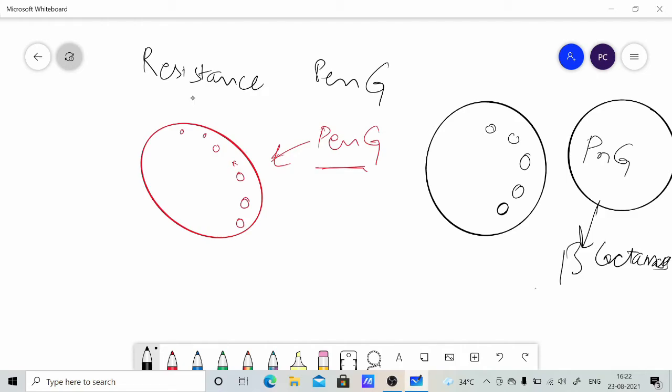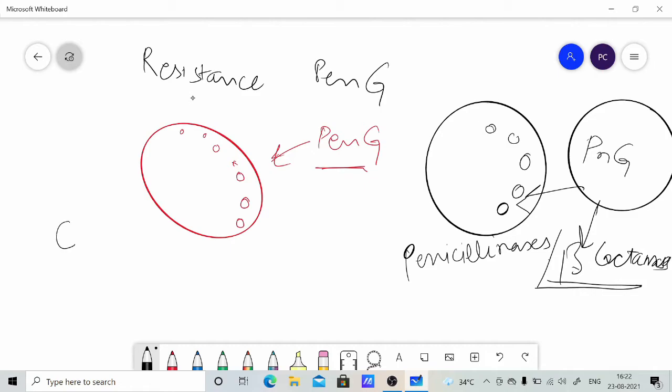Why do we say beta lactamase? Because it inhibits penicillinases, which is another name for beta lactamase itself. So when we have a beta lactamase inhibitor, it will inhibit the penicillinases, right? So what are those inhibitors?